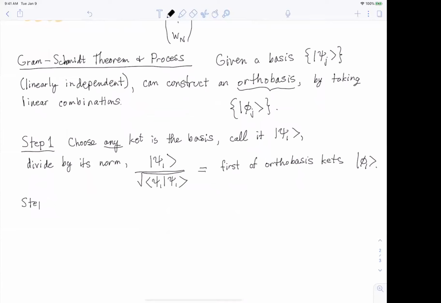Step 2 is you choose a second ket from your original list. And let's call that psi 2. We assume that they were originally arranged in that order. And so the idea is now what we're going to do is subtract off the projection along phi 1.